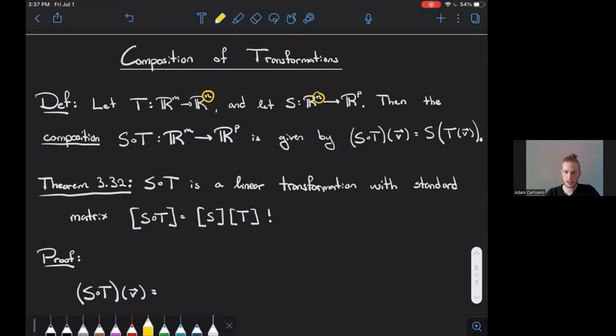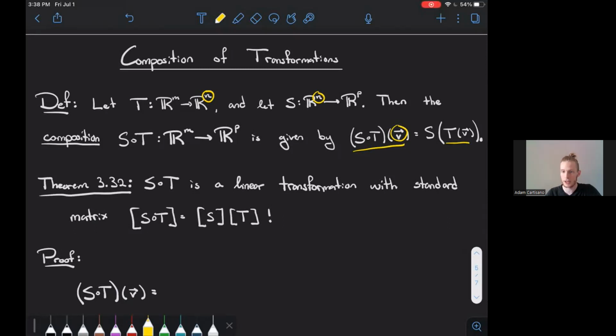I'm not going to tell you it's a linear transformation just yet. It is. But it's a transformation from Rn to Rp given by, what does it do to an input vector v in Rn? Well, do T to it, and then do S to that.